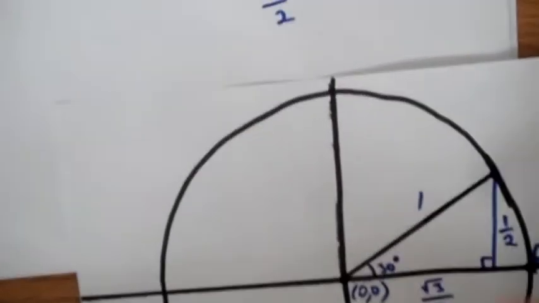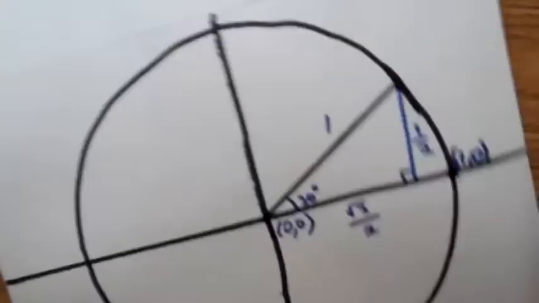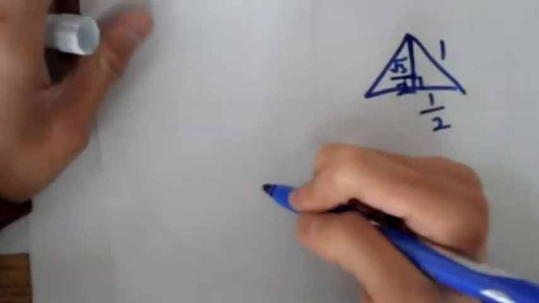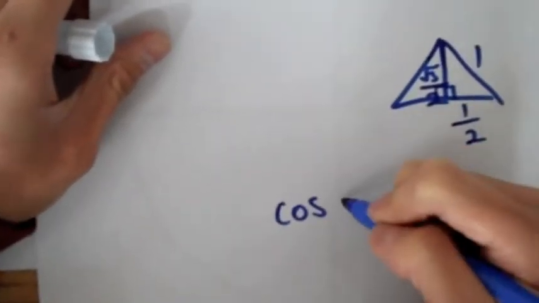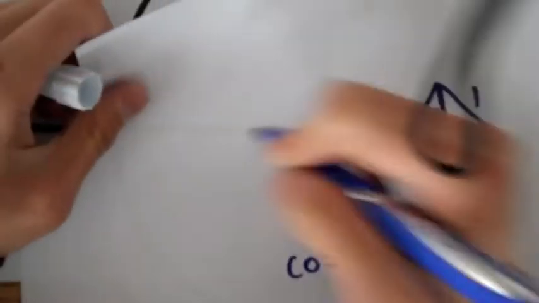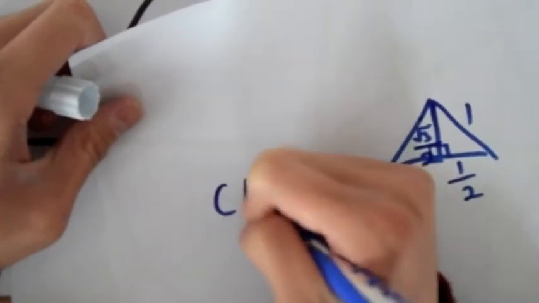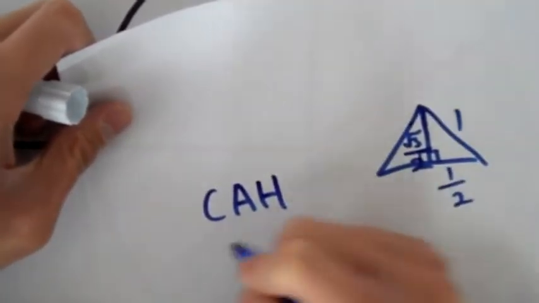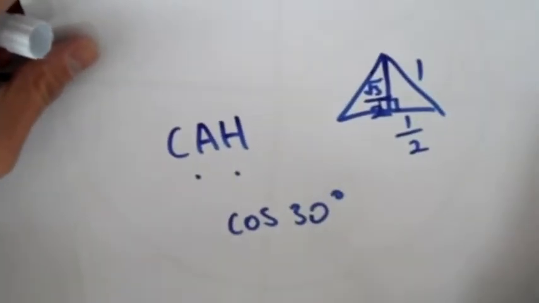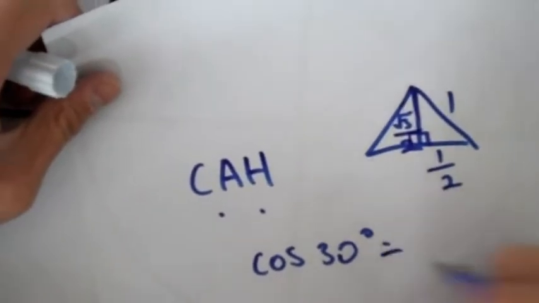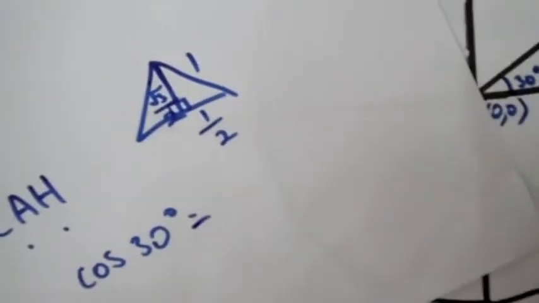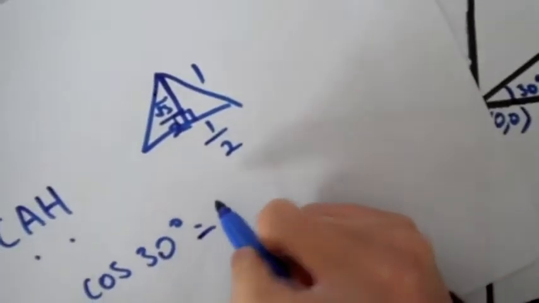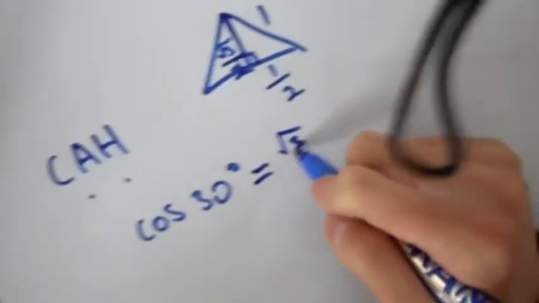Now let's find the cosine of this triangle. Cosine 30. SOH CAH TOA. Cosine is adjacent over hypotenuse. Adjacent is radical 3 over 2.